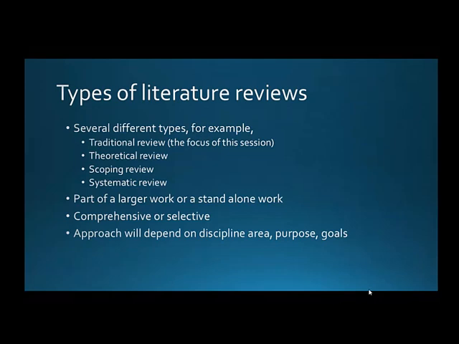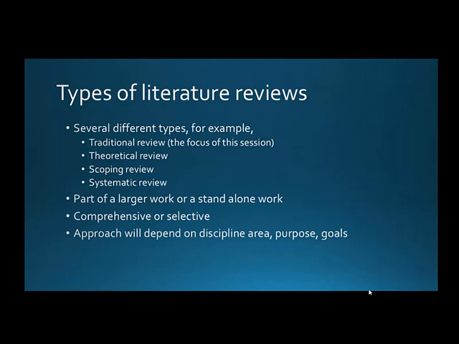So a literature review can be part of a larger work. So for example, it forms a part of your thesis, or it could be a standalone work. It could be a review article. You might be publishing a systematic review or a literature review, and it can be comprehensive or selective depending on your purpose.